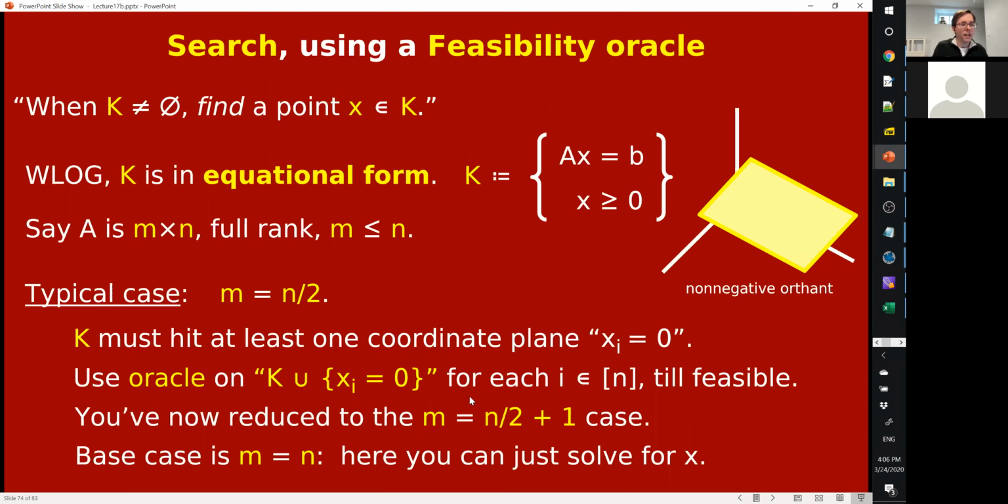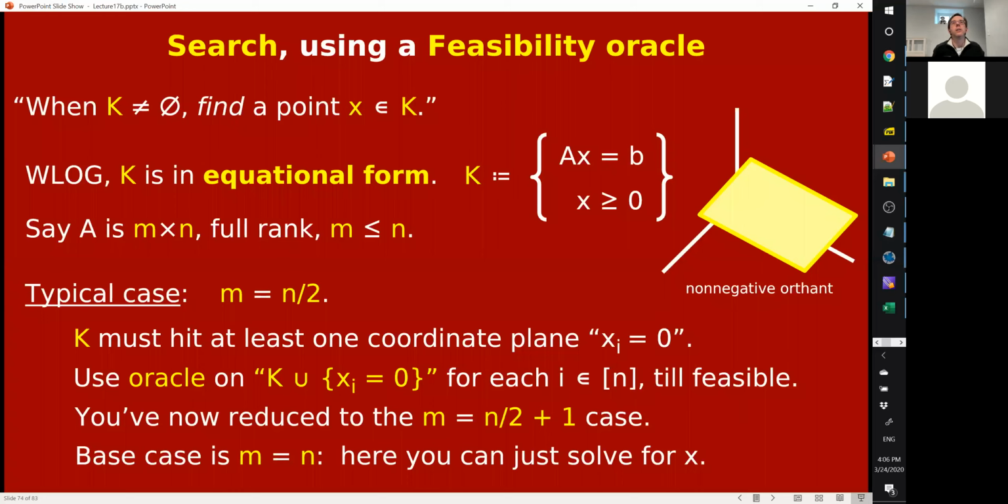Why is it not n to the n instead of 2 to the n is a question. Is it 2 to the n? I was just thinking, there's a branching factor of n, and you have to do it up to n times, that's n to the n. Maybe it would be 2 to the n. In a way, if you fix xi equals 0, you can eliminate one variable.